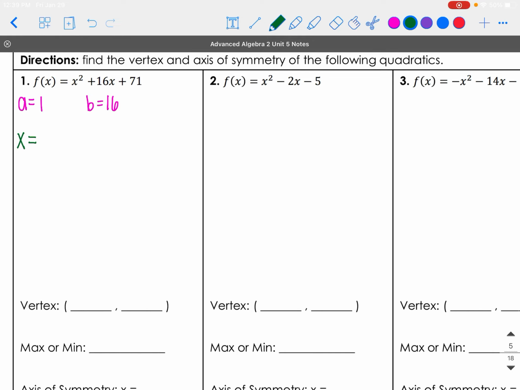So I first start out by finding the x value of the vertex, which is negative b, so negative 16 over 2 times 1. Negative 16 divided by 2 is negative 8.